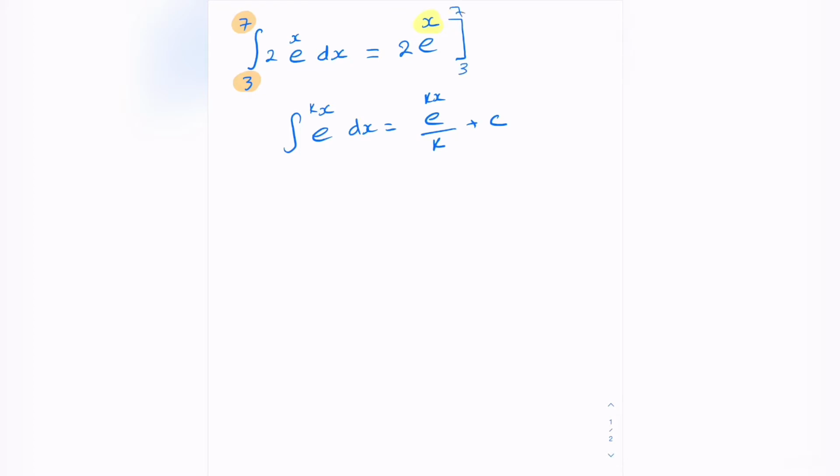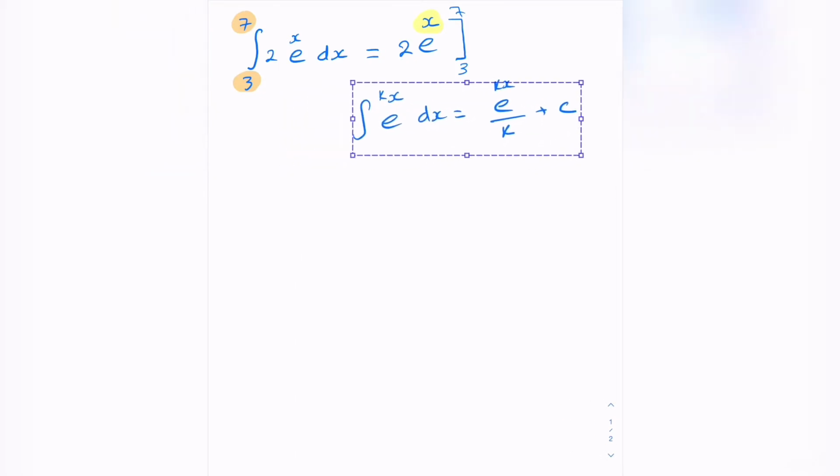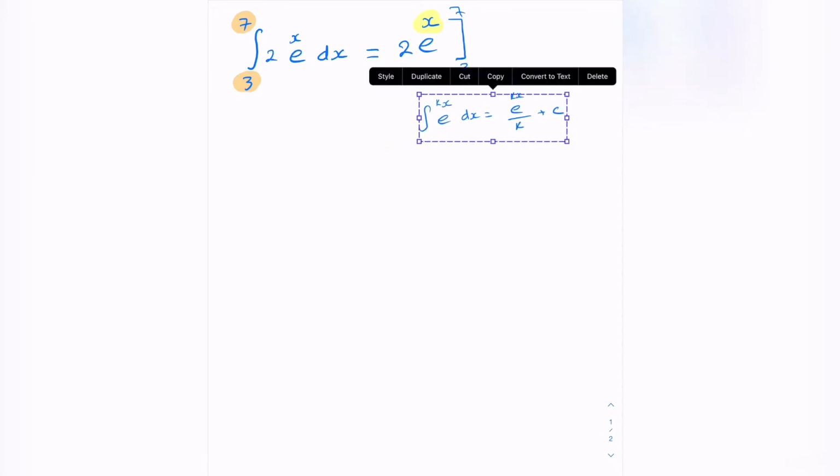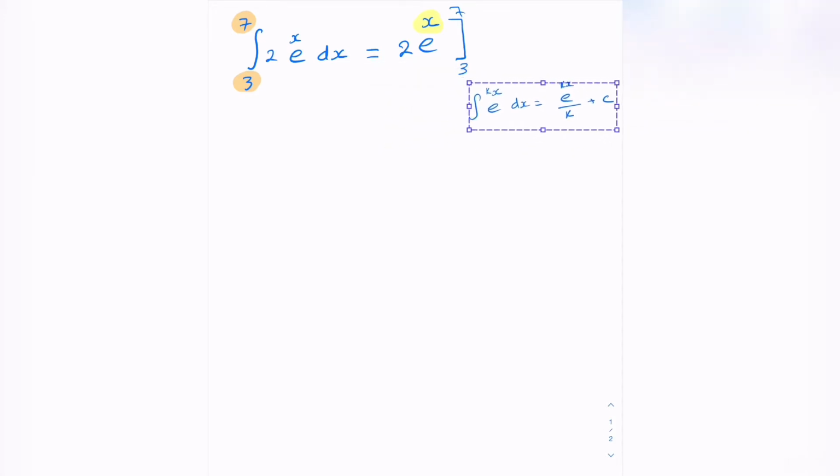Okay, and therefore I'll show you. Right, so now this is going to be 2e to the power 7 minus 2e to the power 3.